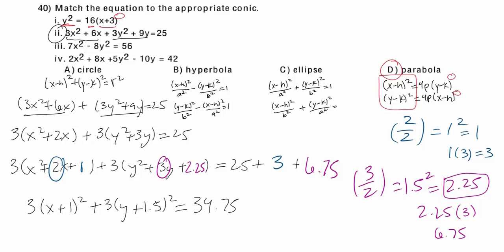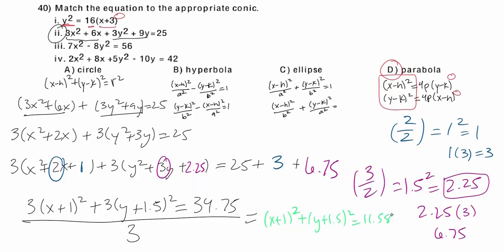All that's left is to divide the entire equation by 3, and that will give you the answer. X plus 1 squared plus y plus 1.5 squared equals 11.583, repeating 3, and that will be a circle.